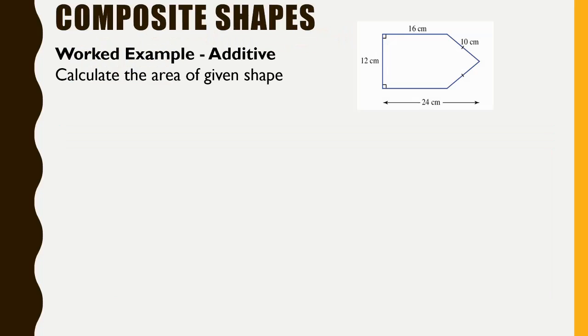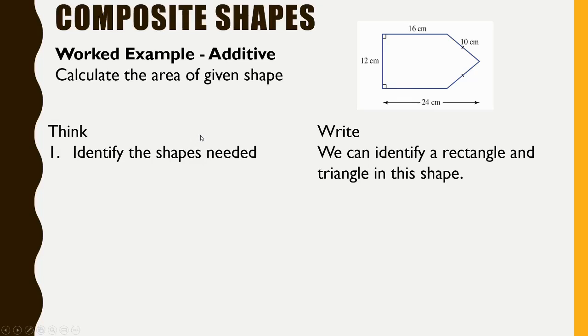So here's our composite shape example. I have my shape here on the right, and I've been asked to calculate the area of this shape. So here's my thinking, and here's what I'll be writing. I'm going to start off by identifying what shapes we need. I can see that I have a rectangle, 16 centimeters across this way, 12 here, there's my rectangle.